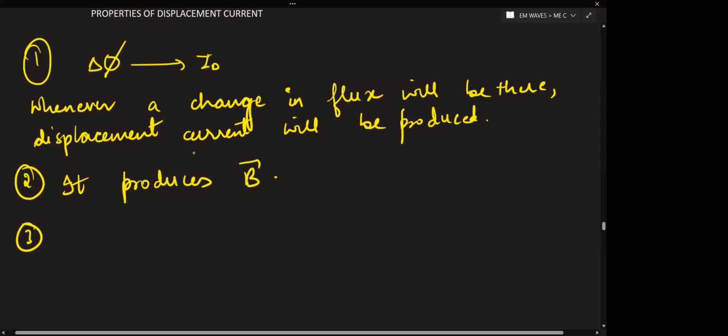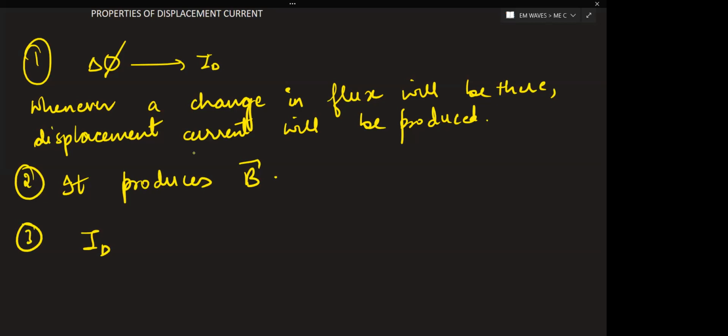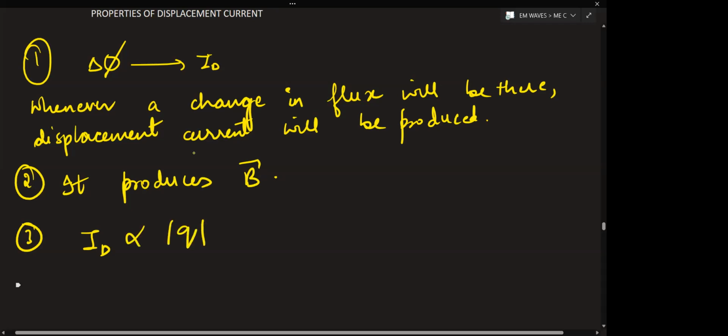Third point is that the magnitude of the displacement current, this is equal to what? This is equal to the rate of displacement of charge from one plate of the capacitor to the other plate. This is directly proportional to what? The magnitude of charge.